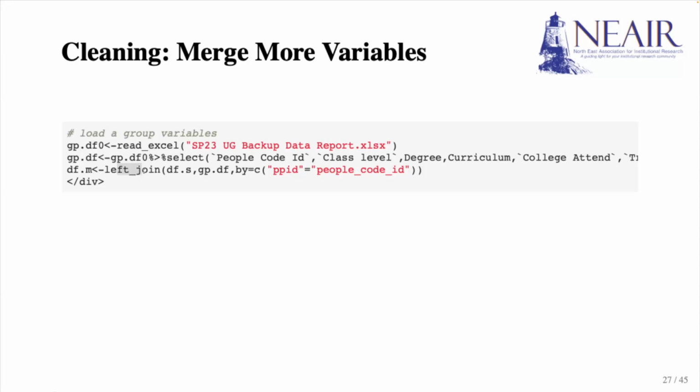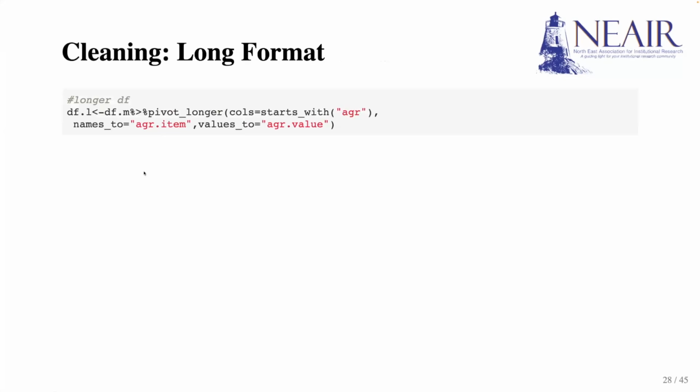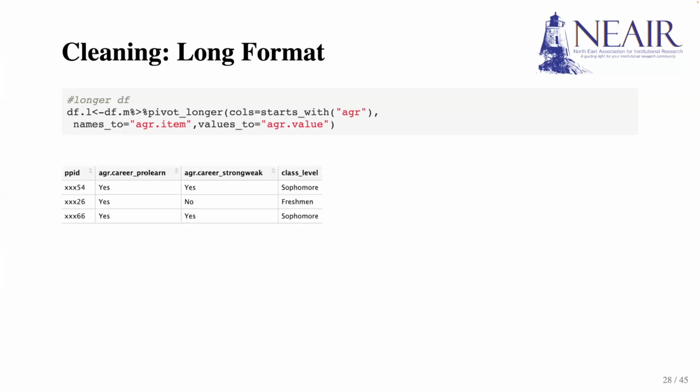Last but not least, I found it beneficial to transform the data set into a long format. In the original data set, each column represented a survey question, and each row represented a student's all survey answers or their characteristics.